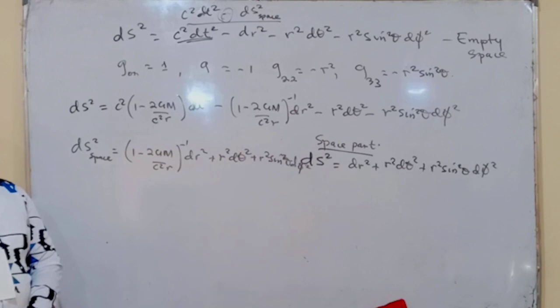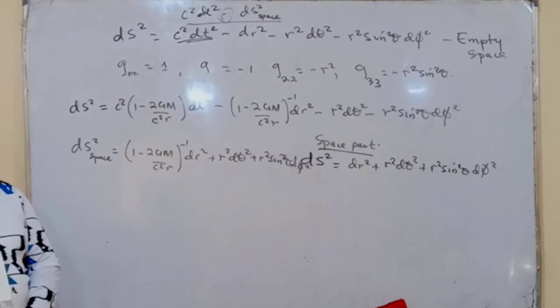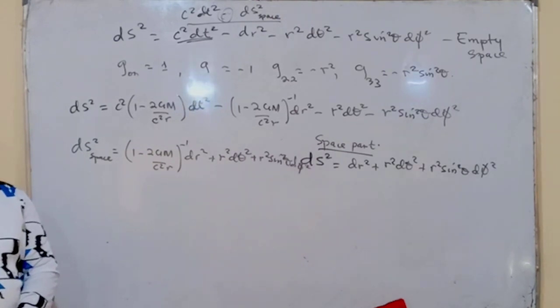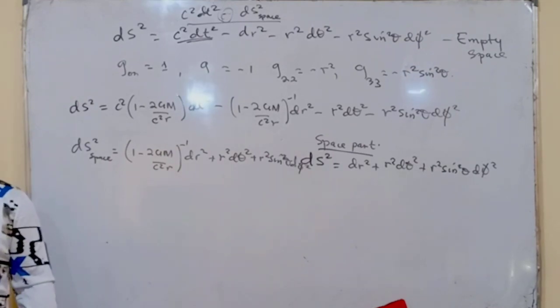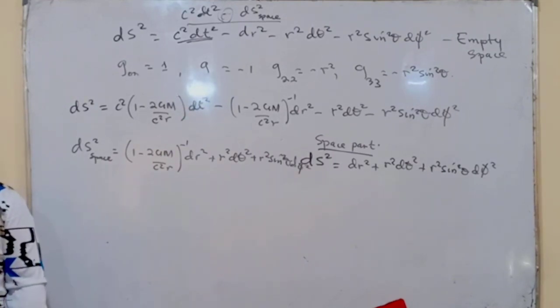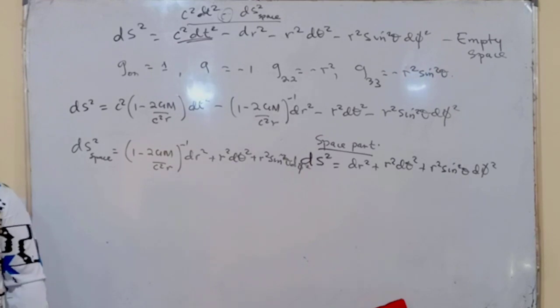So, for the Schwarzschild metric, magnetism is not considered.